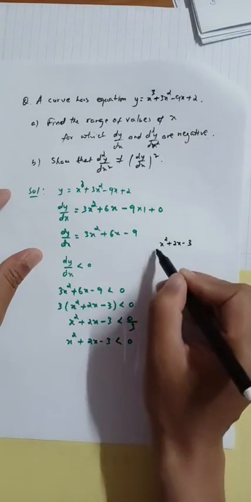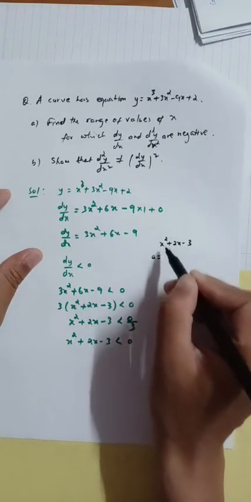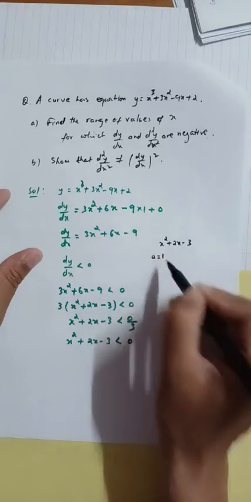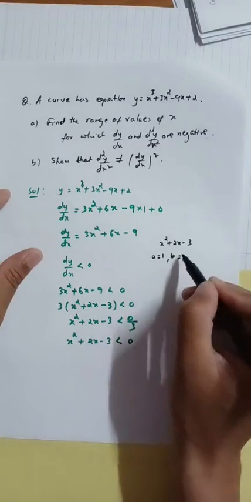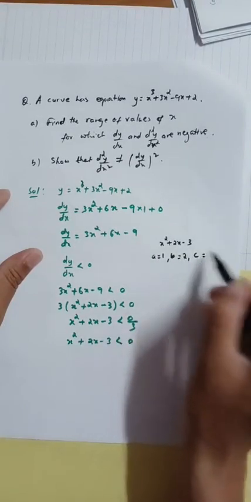a is the coefficient of x square, which is by default 1. b is the coefficient of x, which is 2. c is the constant term, so negative 3.